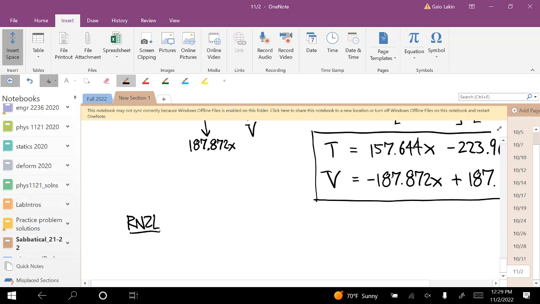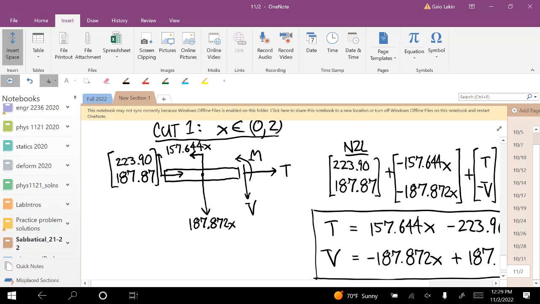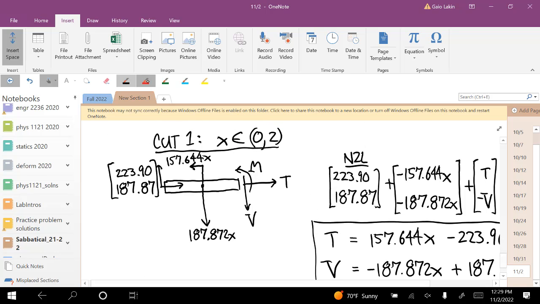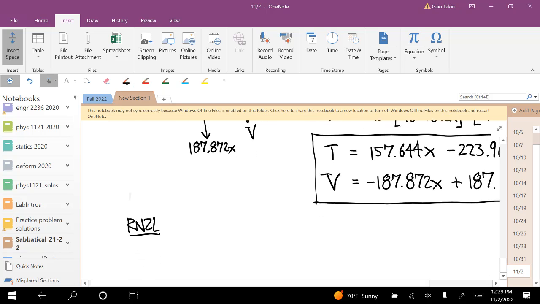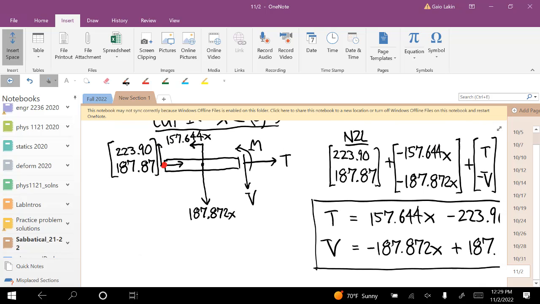And then the moment equation, if our about point is at the left, like we always use, the force at the left doesn't do anything. That horizontal component of the distributed load doesn't do anything because it acts through the about point. What's the moment arm for this 187.872x? Well, let me write that out.